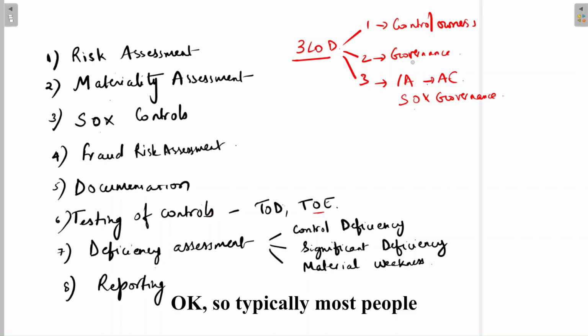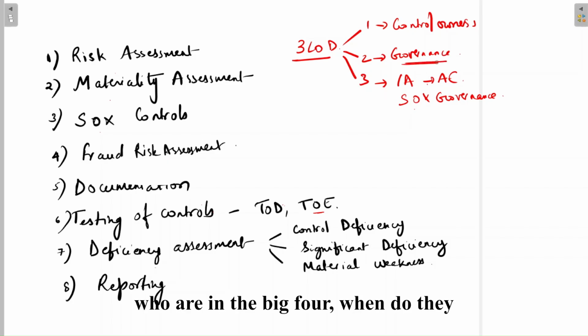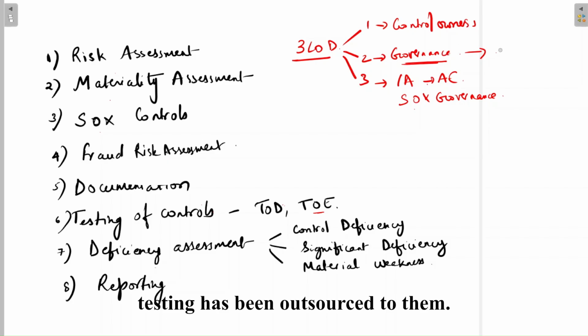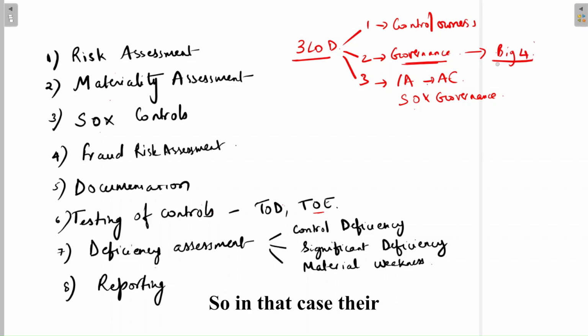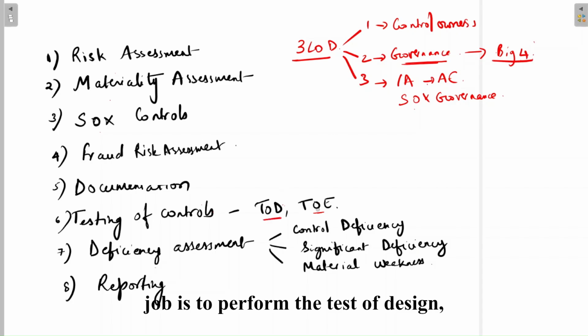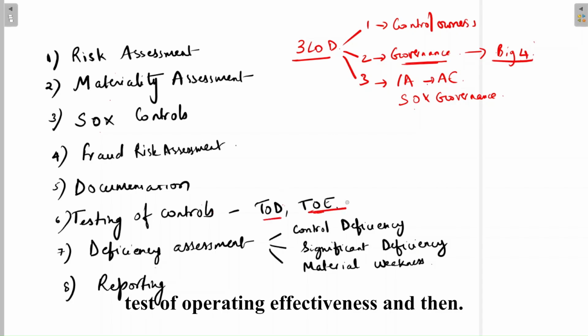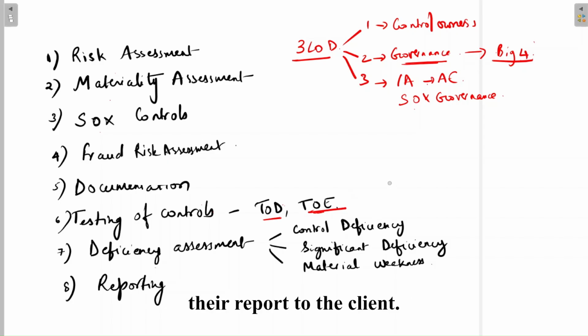Typically most people who are in the Big Four, when do they come in the picture? It is when the SOX testing has been outsourced to them. In that case, their job is to perform the test of design, test of operating effectiveness, and then identify the deficiencies and submit their report to the client.